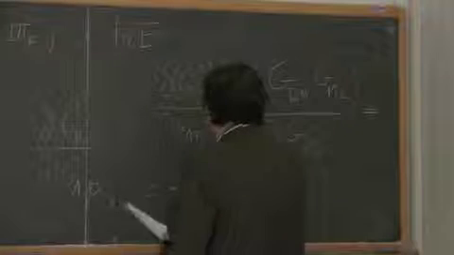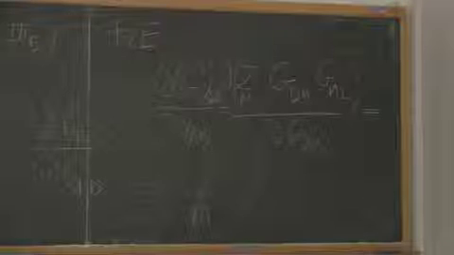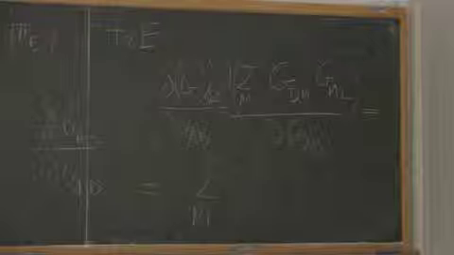So I need to calculate the derivative of this animal with respect to G A B. This is easy. This is 2 times the sum over M of G D M. When doing these calculations, I am a bad boy. I'm using all the time that it is symmetric, so I'm jumping a lot of passages.